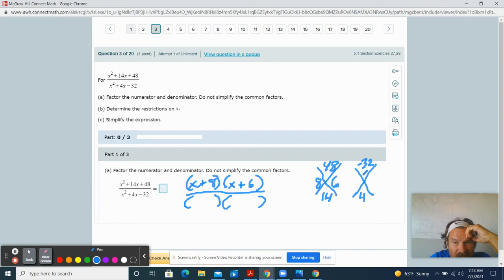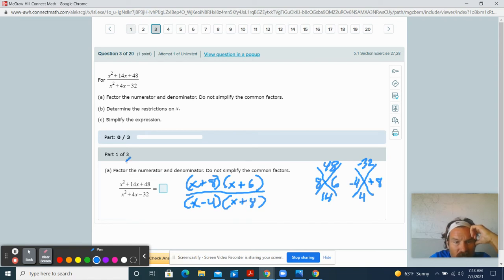I always draw these little diamonds to get my brain thinking about the numbers that multiply to get the last number and add to get the middle. 32 is 8 times 4, and so if I make the 4 negative and I make the 8 positive, I have negative 4 plus 8, so it's positive 4, so it's x minus 4, and then x plus 8.